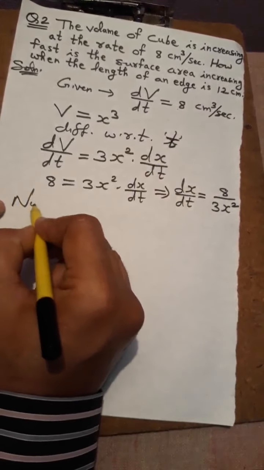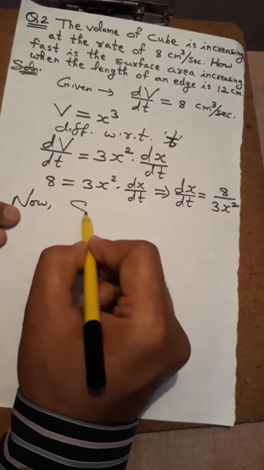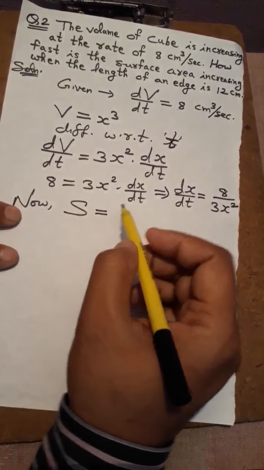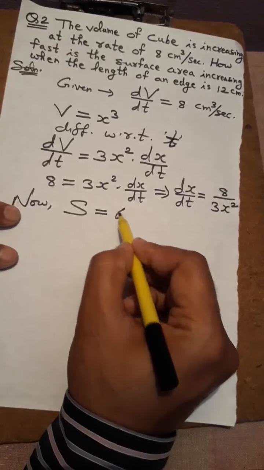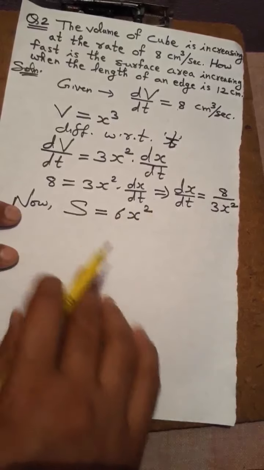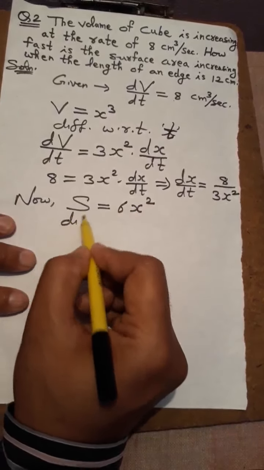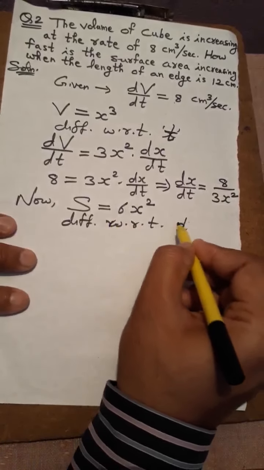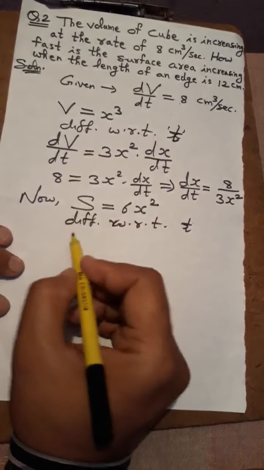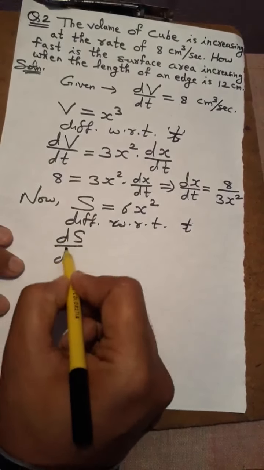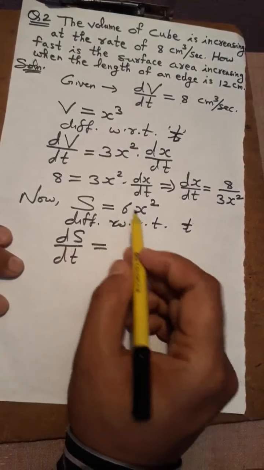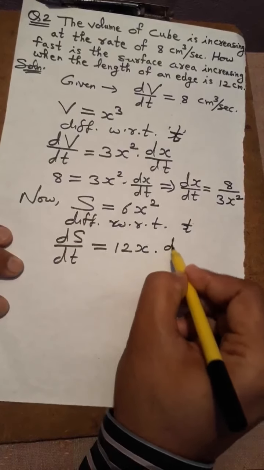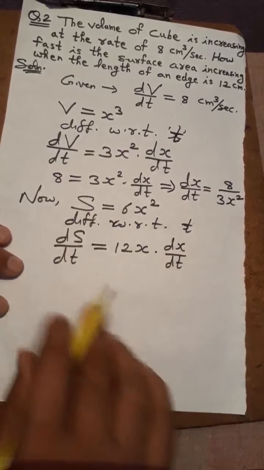Now, as you know, the total surface area of a cube is 6x square. Now again differentiate with respect to time t. So we have dS over dt equal to 12x into dx over dt.